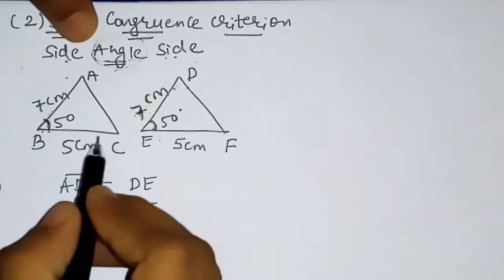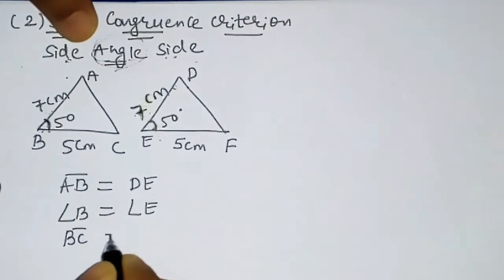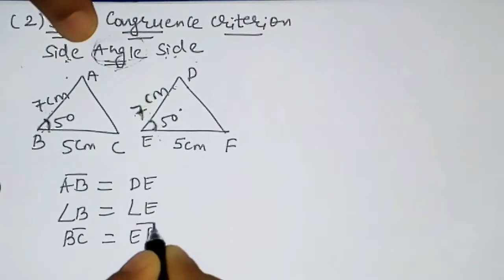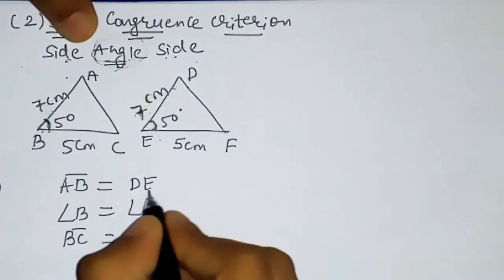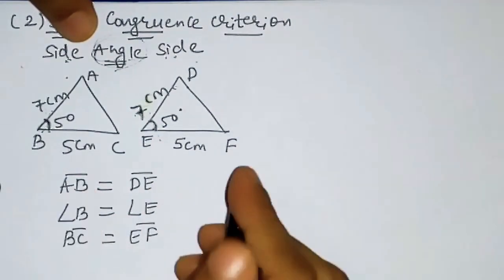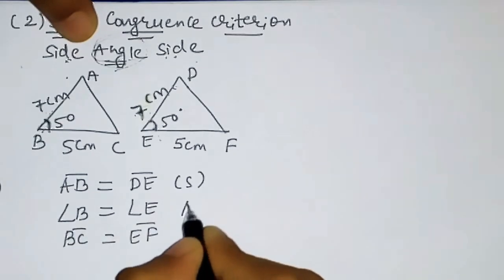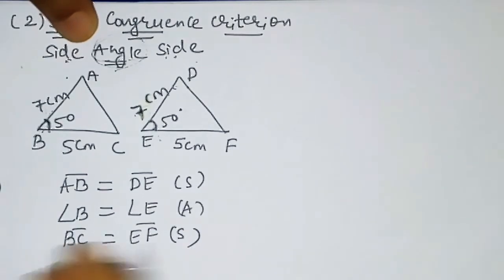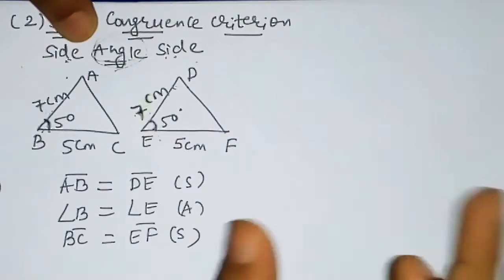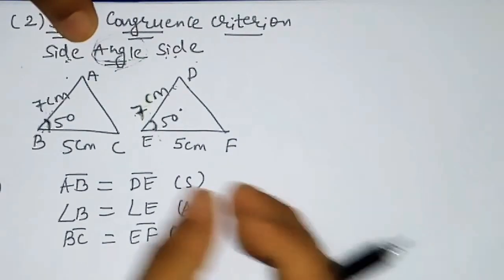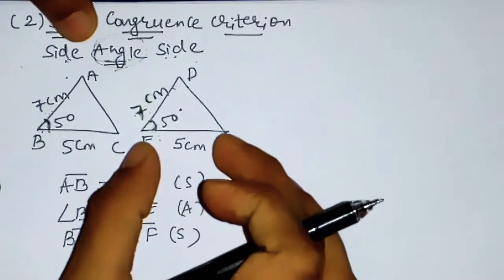Now BC is given. So BC is equal to EF. So what I mean to say is, this is AB and DE, this is side, this is angle, and this is again side. So SAS criteria. By SAS criteria, this triangle is congruent to this triangle.